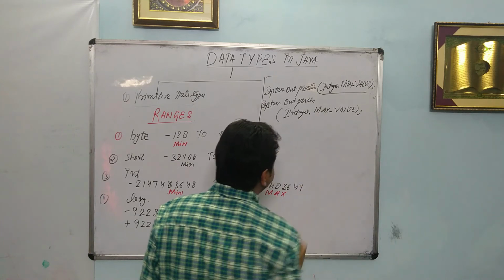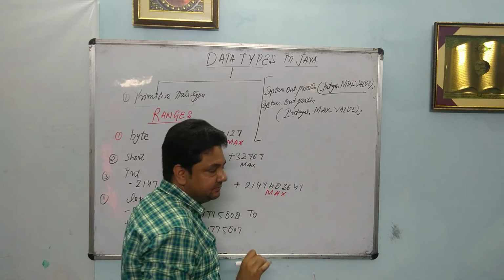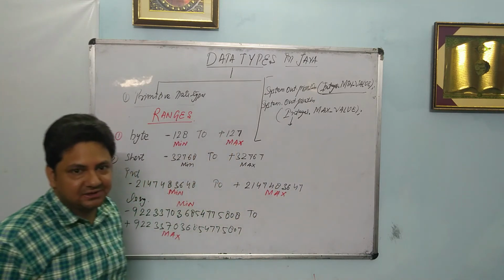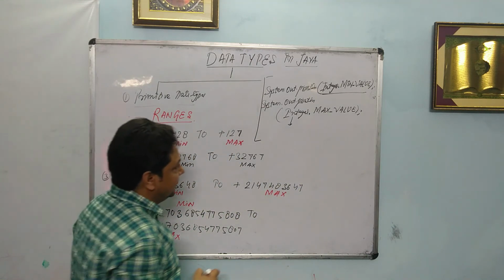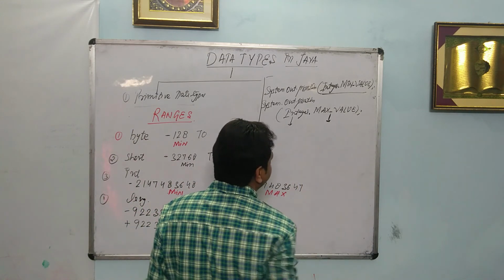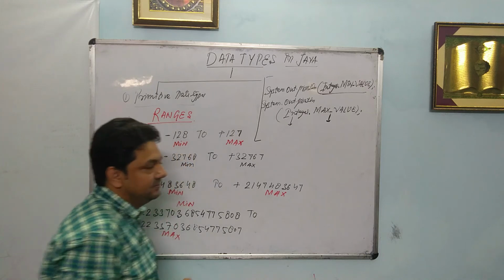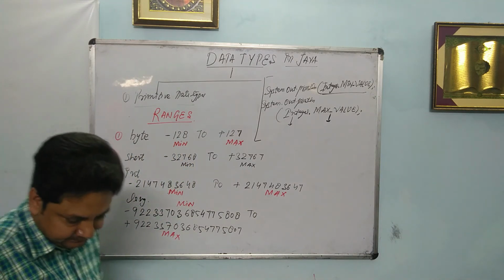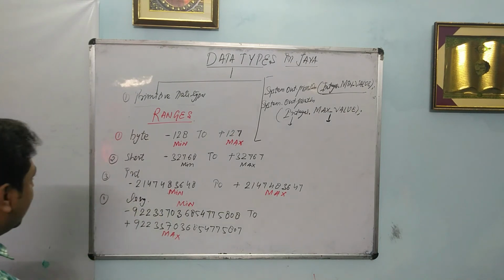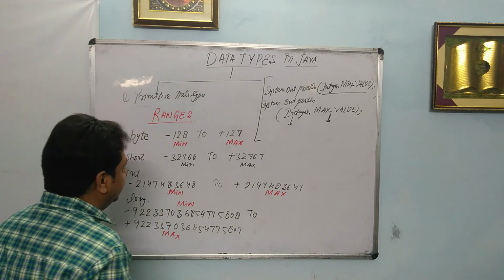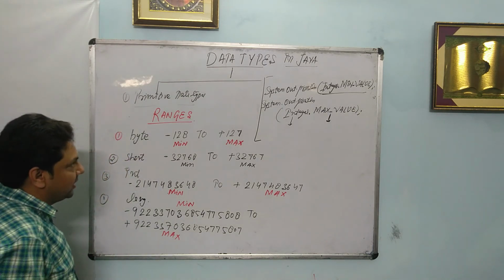Here, Integer is a wrapper class and this is a constant value of this wrapper class. We will discuss about the wrapper class in details. So this is all about the ranges of the data types. You can write down, this is an important session.